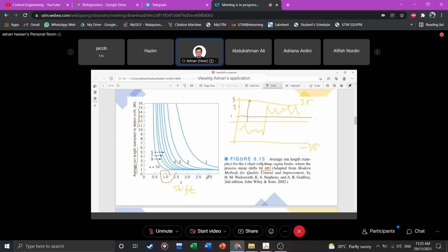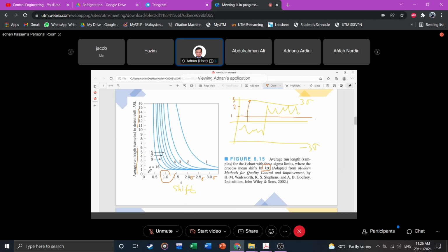Okay, so K equal to 3, K equal to 2.5, K equal to 2, K equal to 1.5, K equal to 1, and so on. So 3 sigma, 2.5 sigma, 2 sigma, and so on. So average run length.